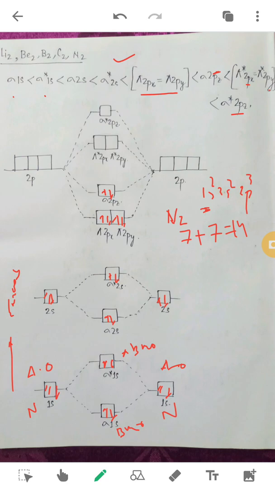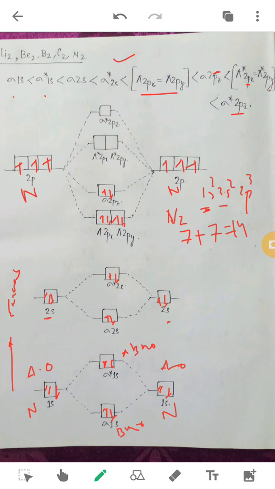Each will have 2 electrons, so I have drawn 2 electrons for both of them. Then 2s2, so here 2 and here 2. Then 2p3, so for each nitrogen atom there are 3. How will you put them? They are singly filled first. So this is singly filled. Done. That is the way we are doing it.